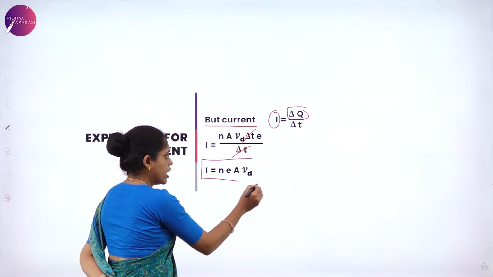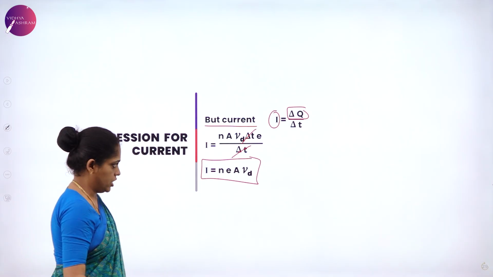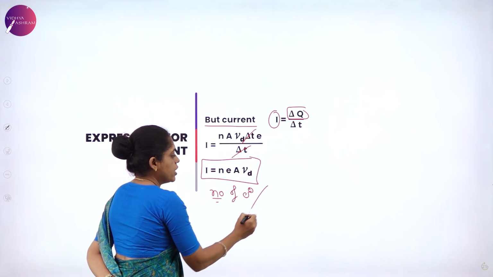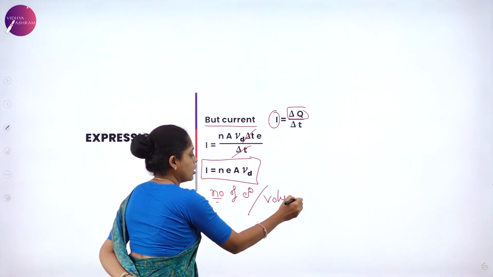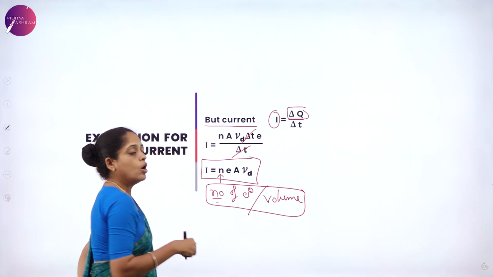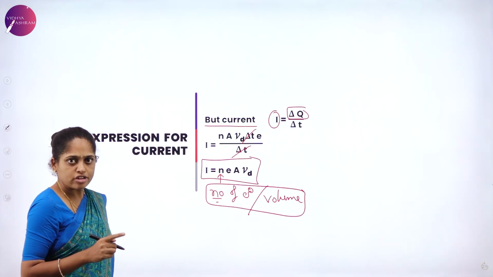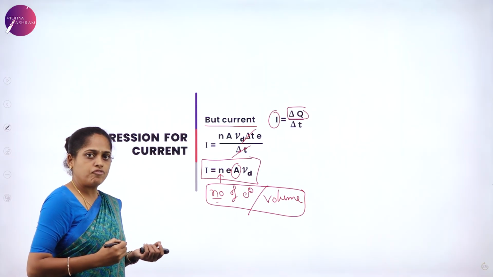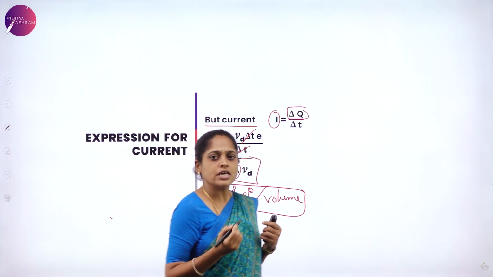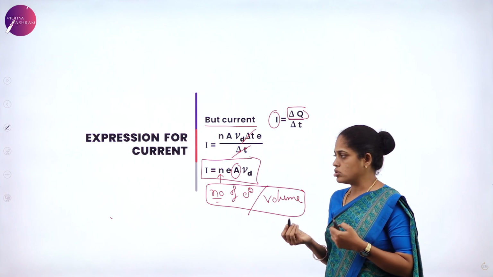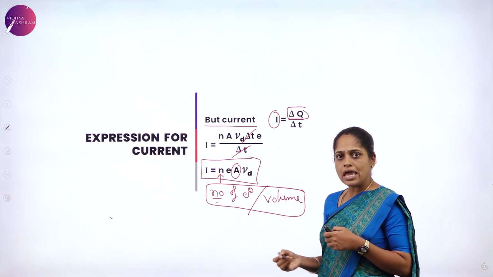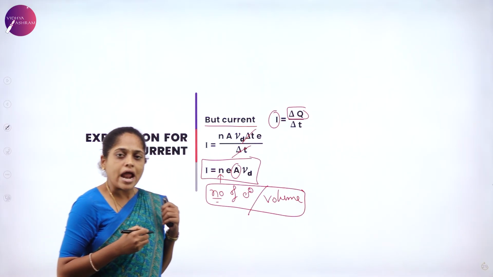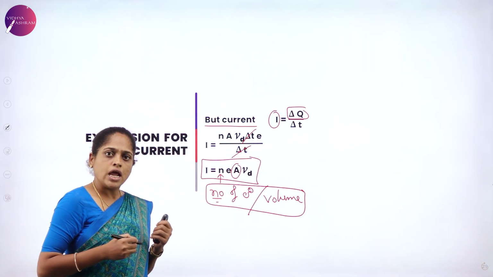Then the expression for the current is I = N e A Vd, where N is the number of electrons per unit volume, e is the charge of electron, A is the area of cross section, and Vd is drift velocity. So we have expressed the current in terms of drift velocity, whose equation is N e A Vd. Now you know what is drift velocity, relaxation time, and the expression for the drift velocity and the current.